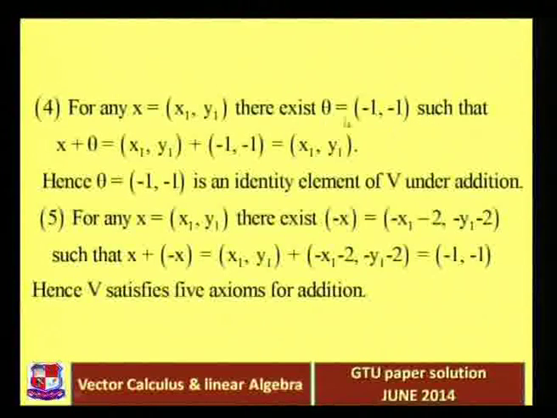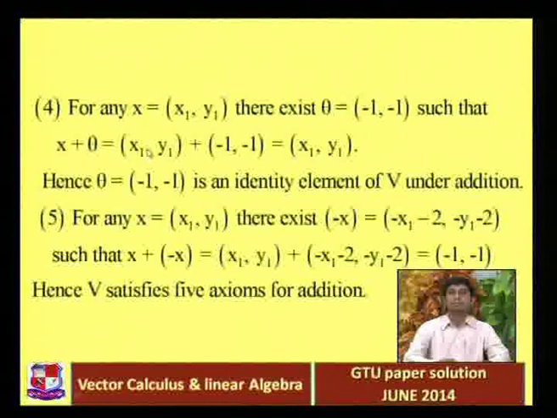Why is this our identity element? Because for this theta, x plus theta is equal to x. You can see x plus theta is equal to (x1, y1) plus (-1, -1). That is equal to, by the definition of the addition, (x1 - 1 + 1, ...). We have to add the first coordinate and then add plus 1.